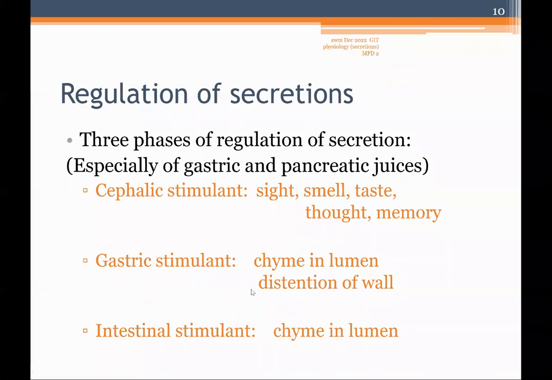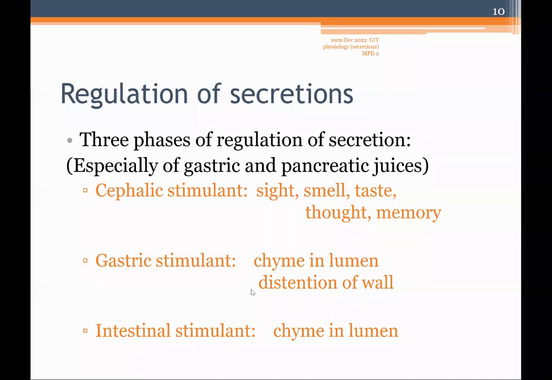When it comes to regulation of secretion, this slide talks about regulation of secretion, but I think you can extrapolate somehow to regulation of the gastrointestinal tract, the digestive system, because you have 3 phases of regulation.